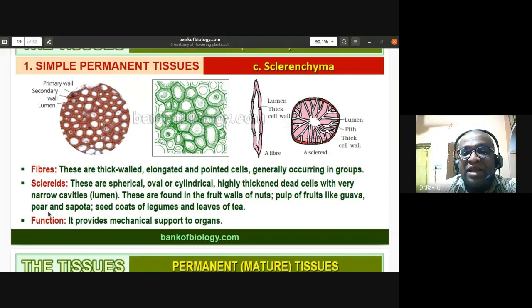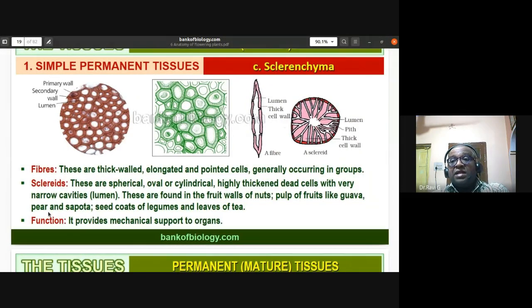Seed coats of legumes and leaves of tea also have sclerites. So sclerites are scattered. They are found in the fruit walls of nuts, in the pulp of fruits like guava, pear, and chiku or sapota. Sclerites are spherical, oval, or cylindrical in shape.